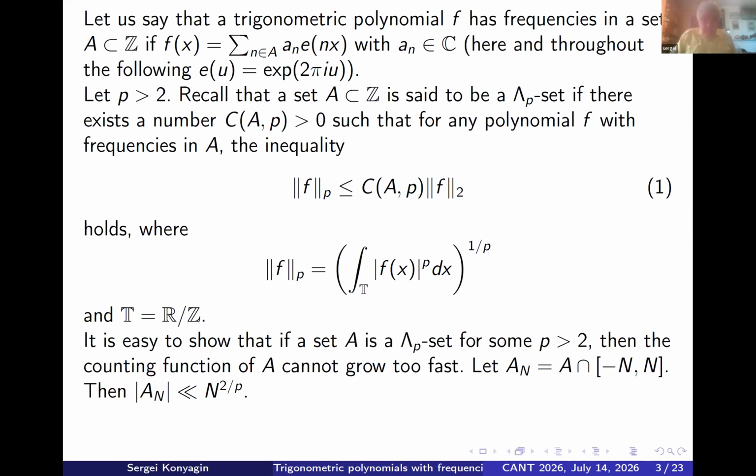It is easy to see that if A is a Lambda(p) set, which is a subset of the integers, then it cannot be very large. The intersection of the set A with the segment from minus N to N must have cardinality at most some constant times N to the power 2 over p.